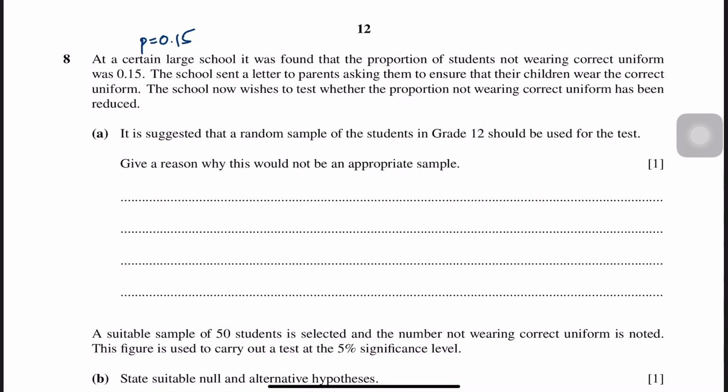It is suggested that a random sample of students in grade 12 should be used for the test. Give a reason why this would not be an appropriate sample. Because grade 12 is not the only grade. Hence the sample is biased.